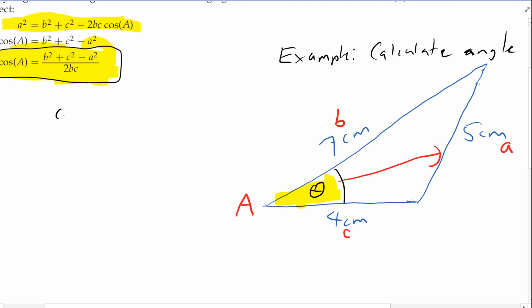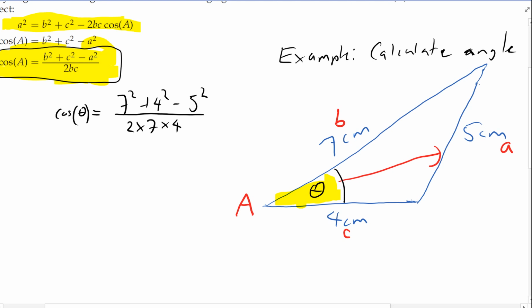So instead of cos of A, it's going to be cos theta, and that equals 7 squared, plus 4 squared, minus 5 squared, divided by 2 times 7 times 4.